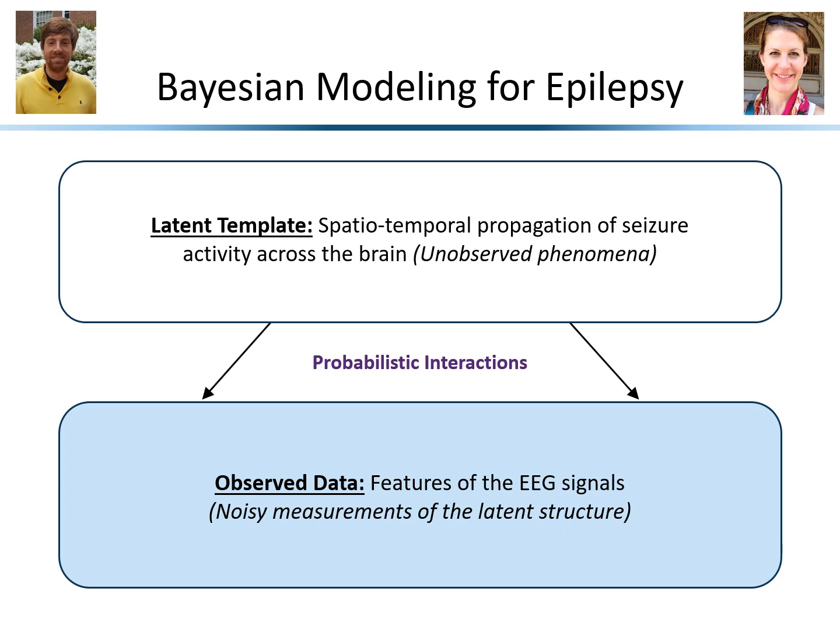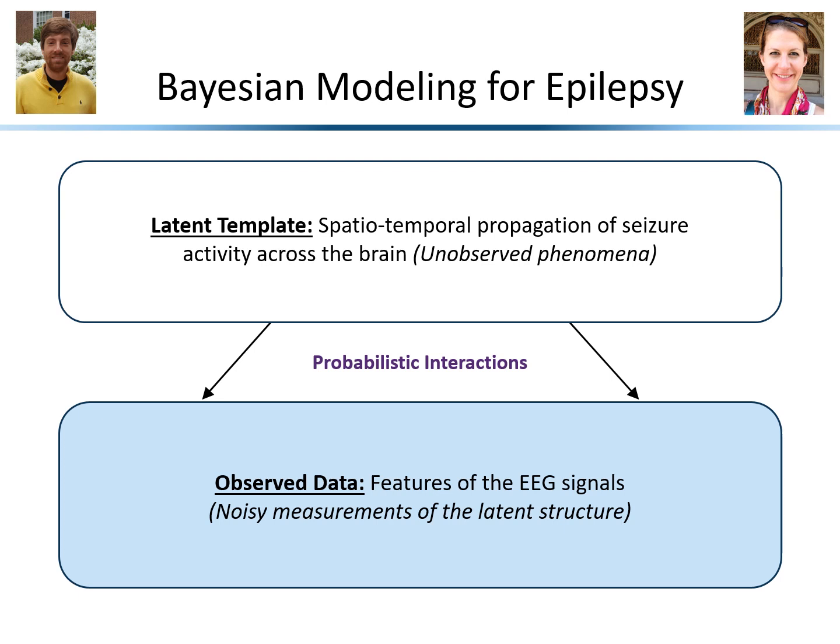Our method relies on a framework called probabilistic graphical models. As shown on the slide, these models have two components. There's a latent template, which captures the unobserved phenomenon that we're trying to model. In our case, this latent template will capture the unknown spatiotemporal propagation of a seizure. This latent structure is complemented by observed data, which in our case will be features of the EEG signals.